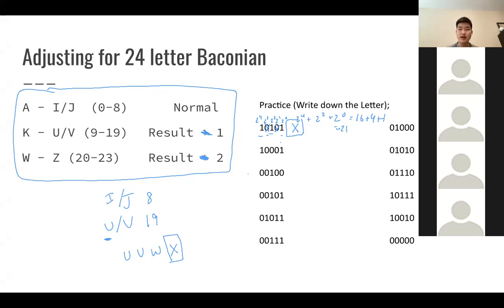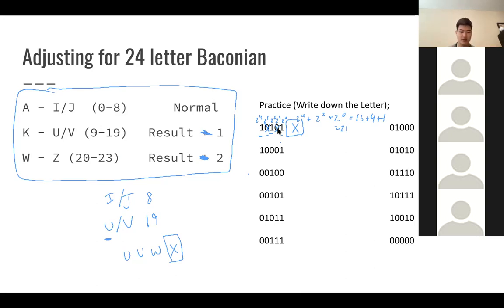The reason that one doesn't shift, like Irene said, is because the IJ combination and the UV combination only affect the letters that come after it in the alphabet. If I just go A, B, C, D, E, F, G, H, all the way up to there, there were no mergers.